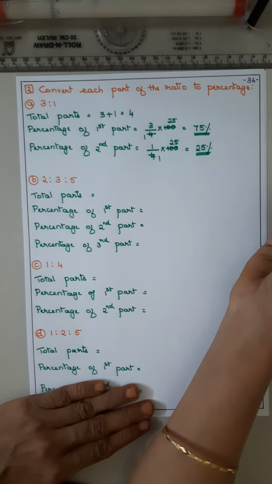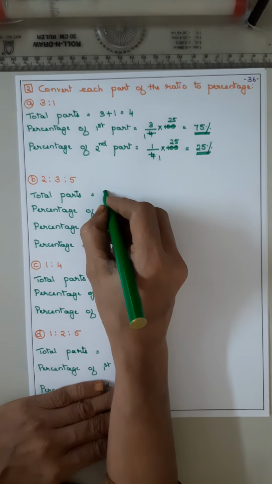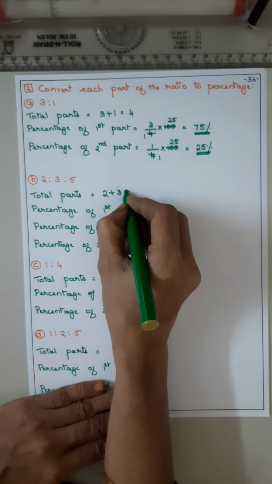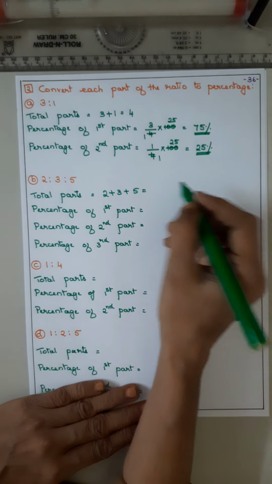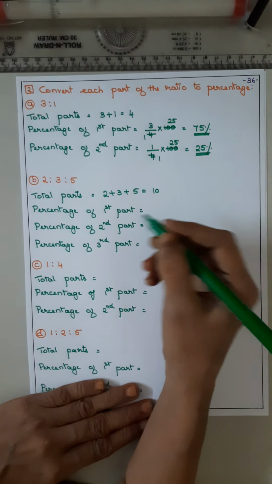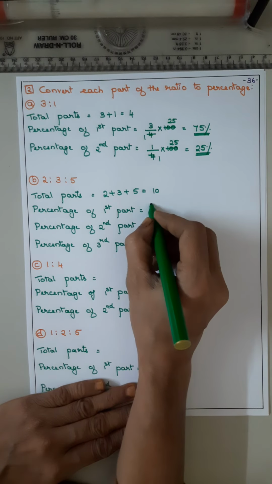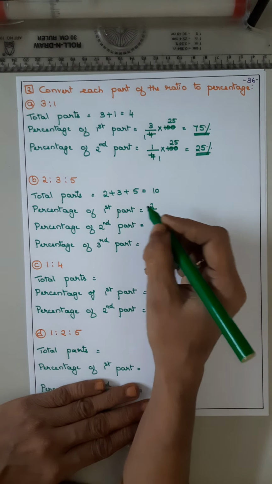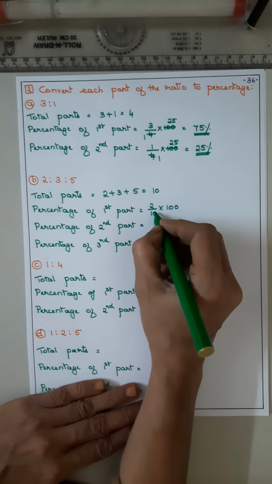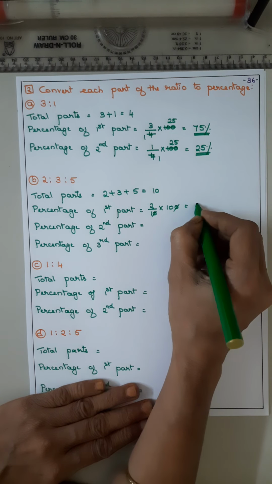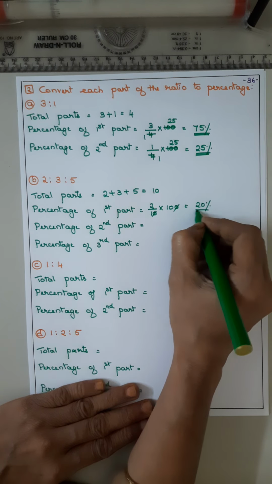Now coming to the second B question. The total parts will be, add all the parts, 2 plus 3 plus 5. 2 plus 3 is 5, 5 plus 5 is 10. Now percentage of the first part. First fraction will be 2 out of 10 into 100. 0, 0 cut, you got 20%.